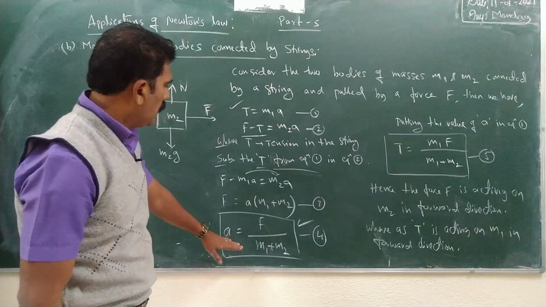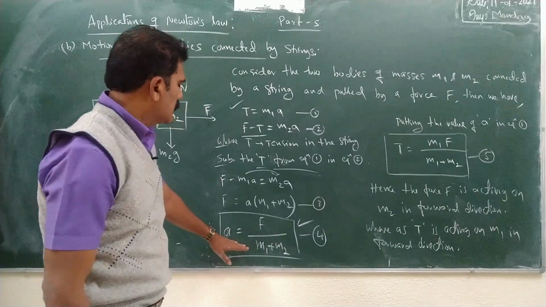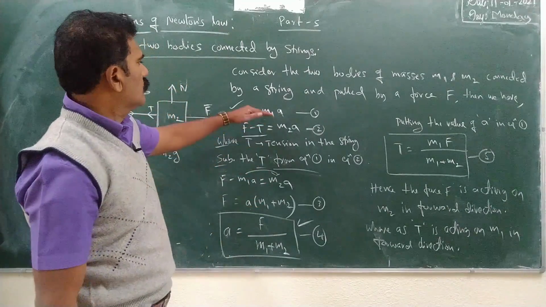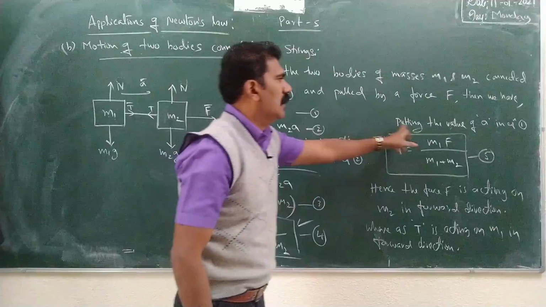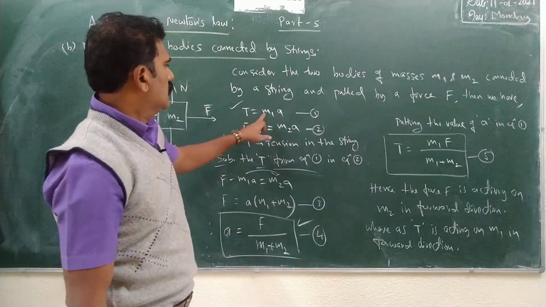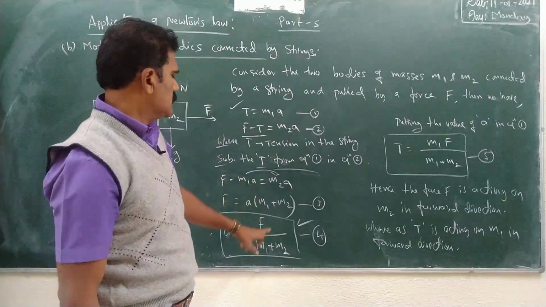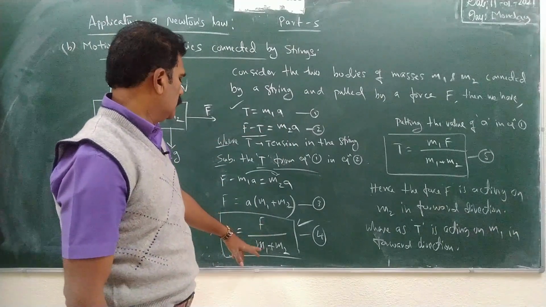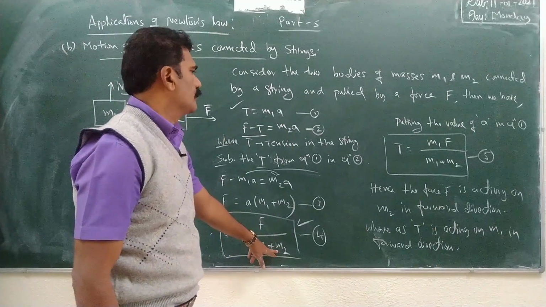Again, if we substitute the acceleration back into equation 1, putting the value of A in equation 1, you will get the tension equation. T is equal to m1 into A, and A is substituted as F divided by m1 plus m2.